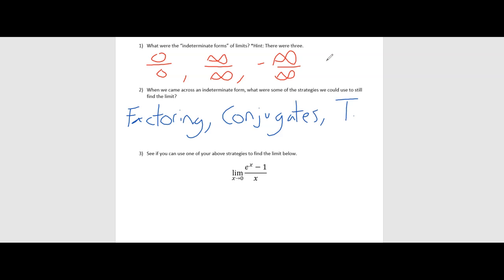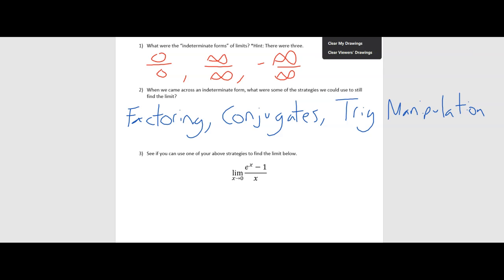And we had trig manipulation. So those were the three main things that we would try to then use to simplify the limit so that we could evaluate it with direct substitution.